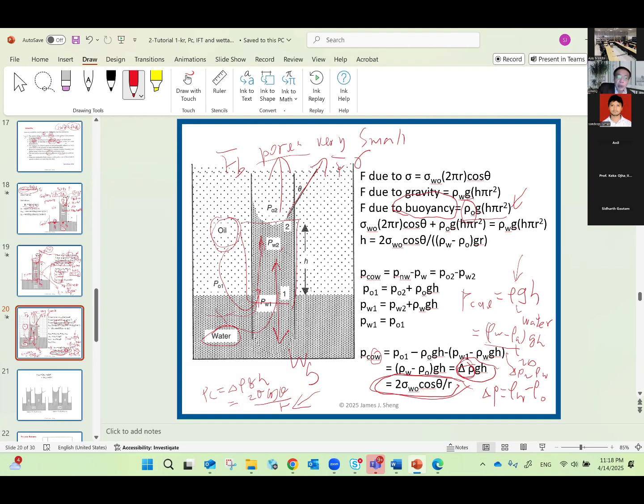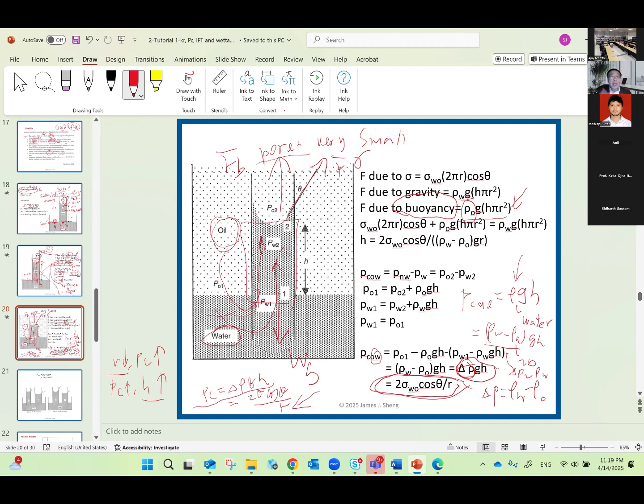So in this equation here, R smaller, PC will be higher, and H is higher.